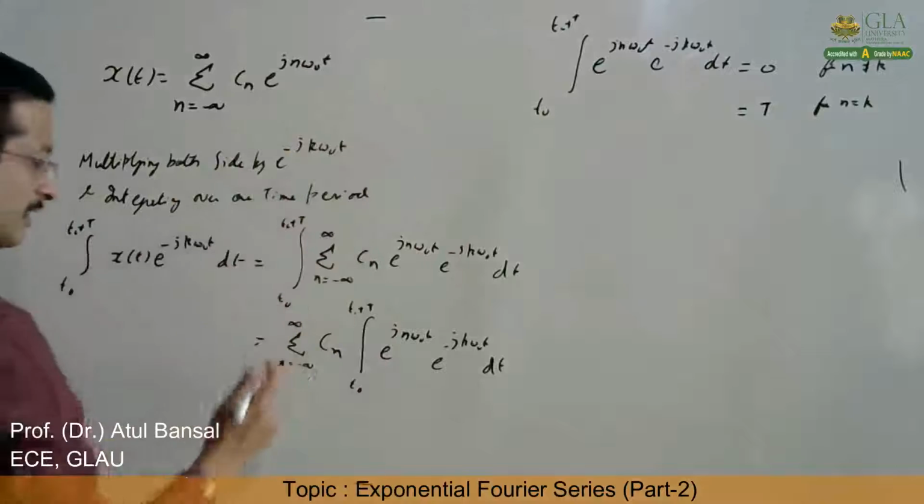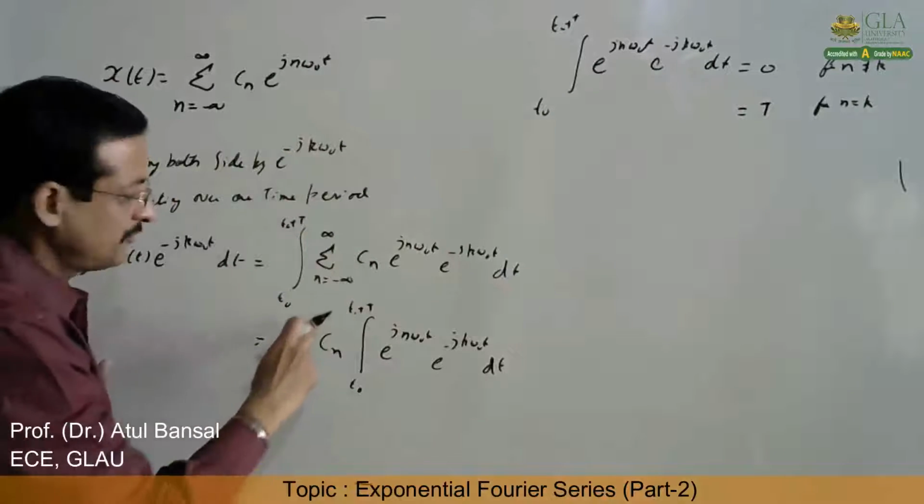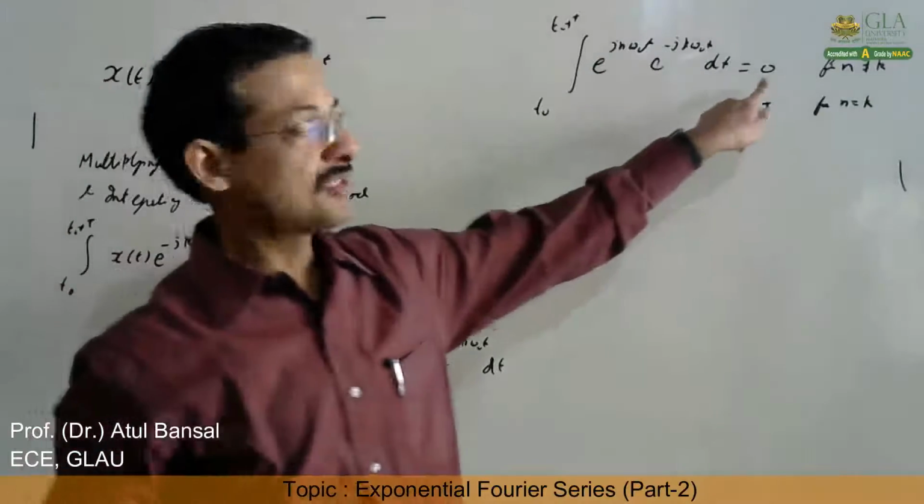So if we use that, now this is sigma from minus infinity to infinity. At all the places this is 0.